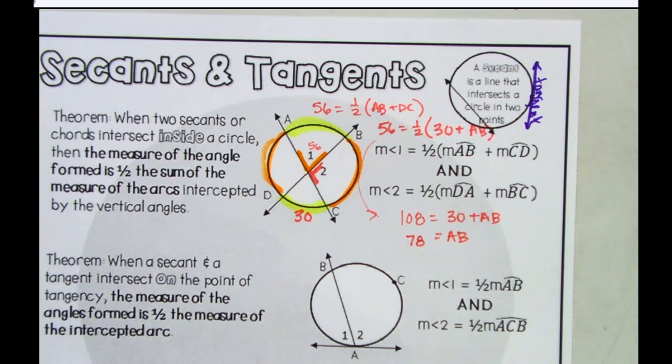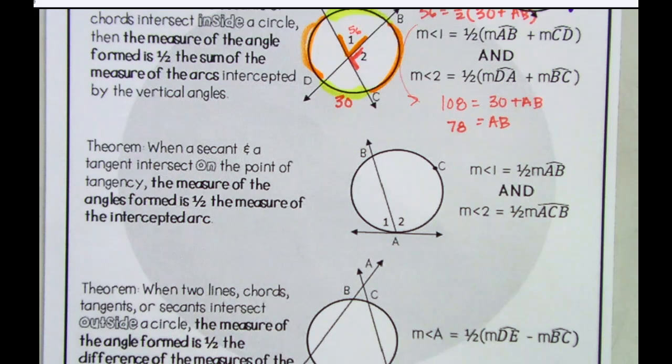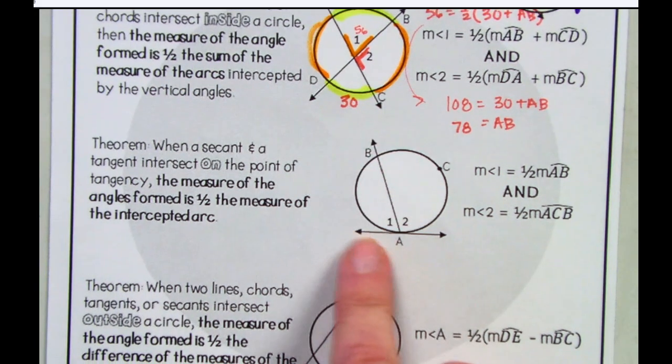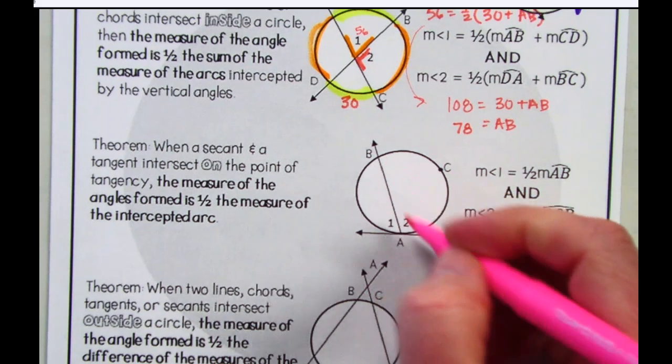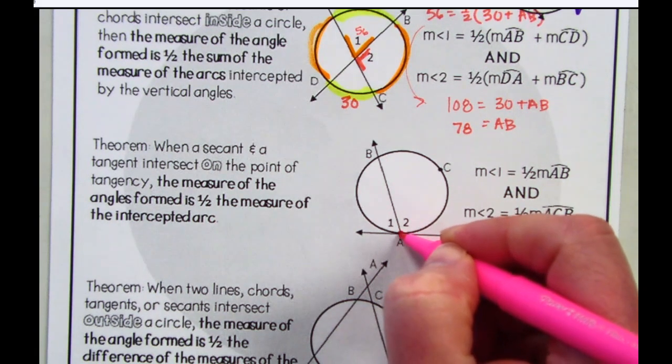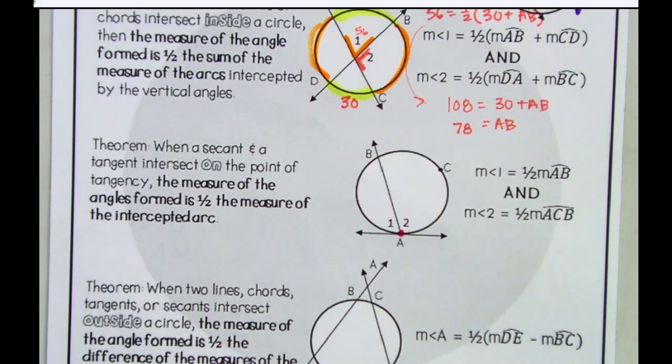Okay. All right, this second one will feel a little bit similar. When we have a secant and a tangent, so we're combining the 2 things we've been talking about, and they intersect at the point of tangency, so right there, the measure of the angles formed is half the measure of the intercepted arc.